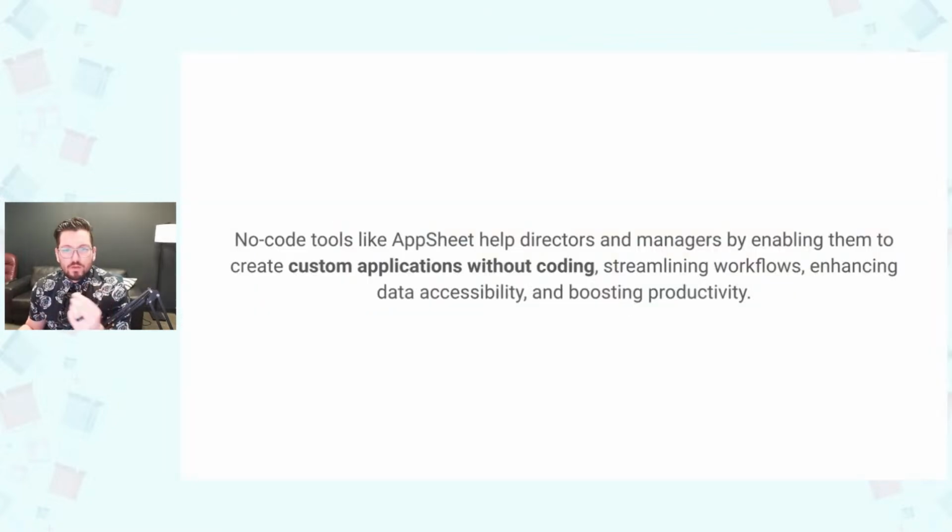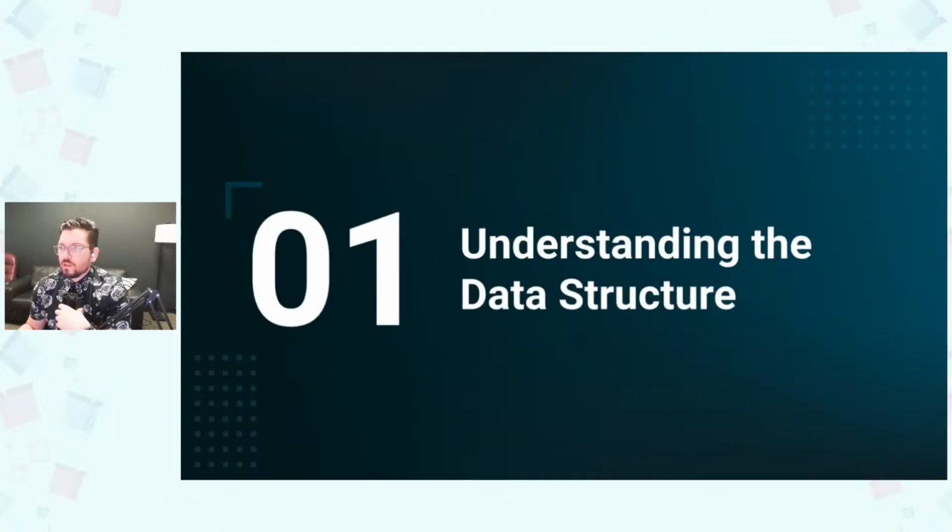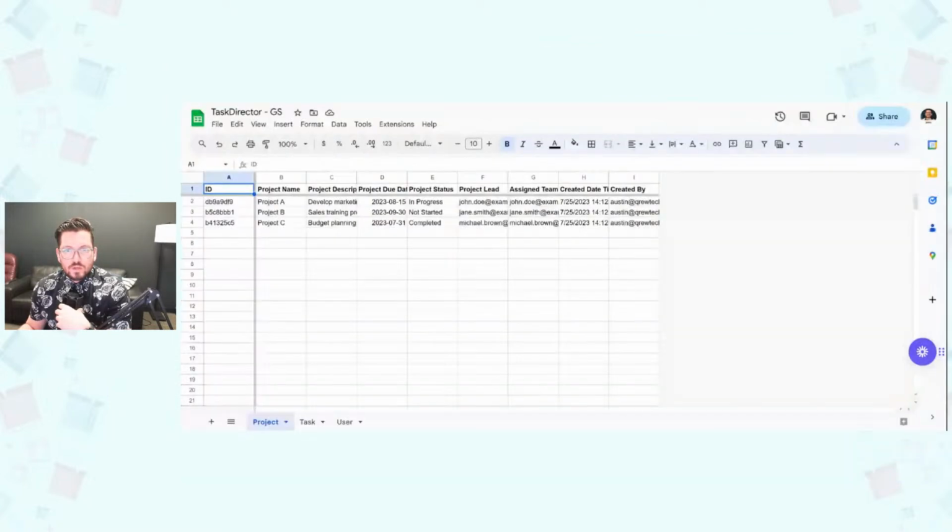But remember, our working definition for how no code is helping directors and managers is it's enabling them to create custom applications without any code, streamlining workflows, enhancing data accessibility, and boosting productivity overall. So let's go ahead and take a look at the data structure again, just to make sure everybody's up to speed on that one. So adding this over here for everyone to see.